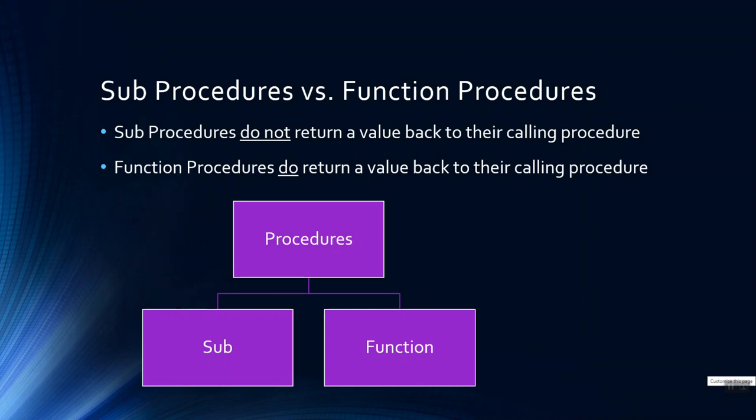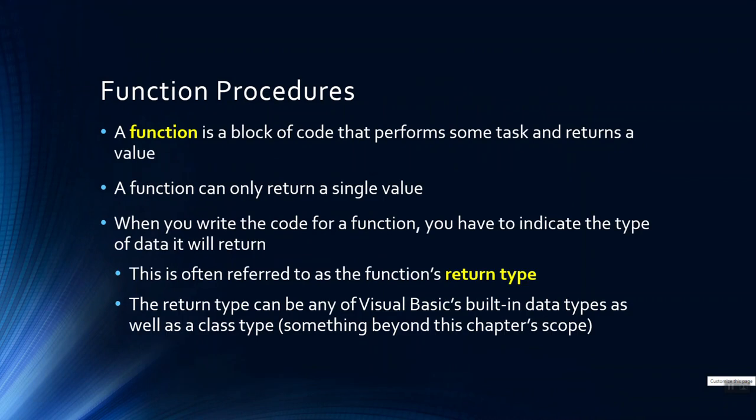So both sub and function procedures can be called. The difference is that sub procedures don't pass anything back, whereas function procedures do pass a value back to their calling procedure. So a function is a block of code that performs some task and returns a value back. It can only return a single value.